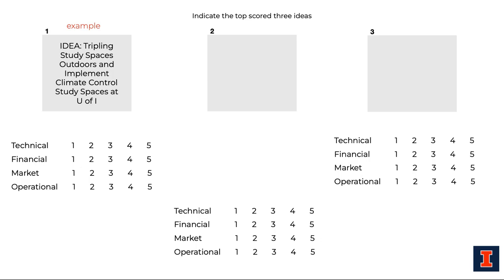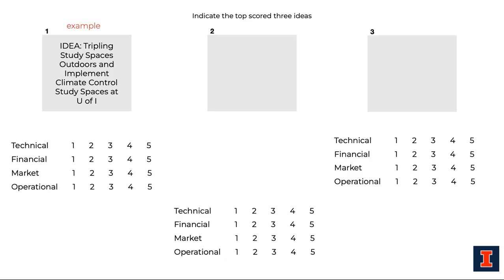So here we've included a template that we will share with you and you can utilize, that includes 3 sections where you can include your 3 favorite ideas. Feel free to print this out and write on it physically, or you can do it digitally and edit it. There are the 4 different types of feasibility we've talked about: technical, financial, market, and operational.